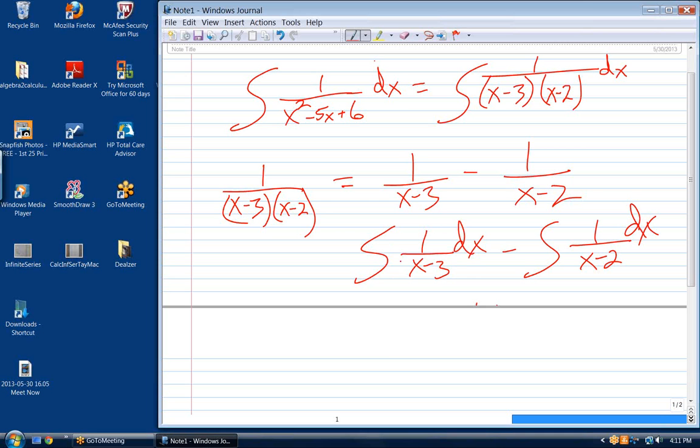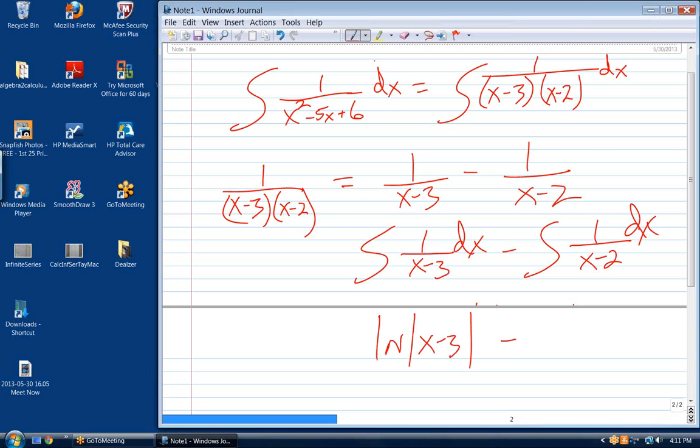Actually, this becomes natural log of x minus 3, and this becomes natural log of x minus 2, plus C. In other words, whenever you see just something in the denominator, think natural log.